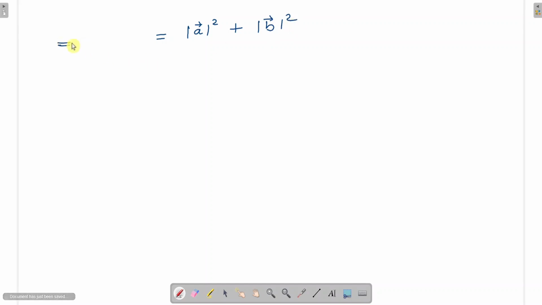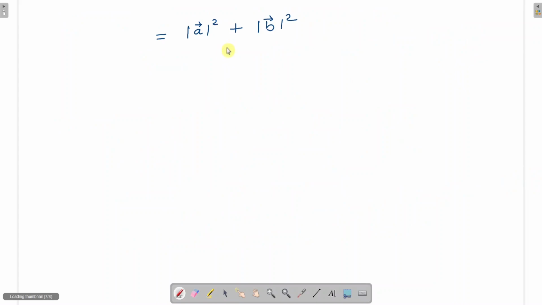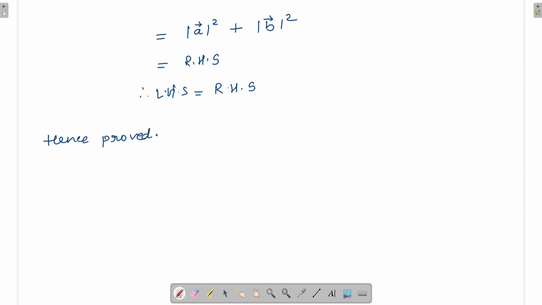So that means the left hand side we started with, and then we have got the right hand side. Can you see this here? Okay. So this is nothing but RHS. So therefore LHS is equal to RHS, and hence we have proved the statement, hence proved. Okay. So that is the answer.